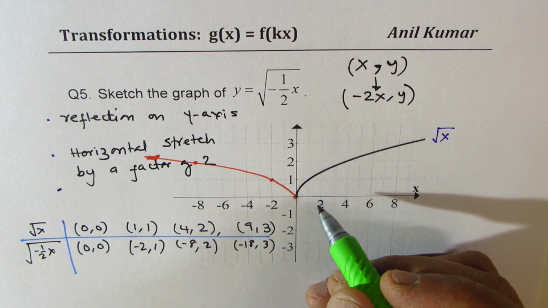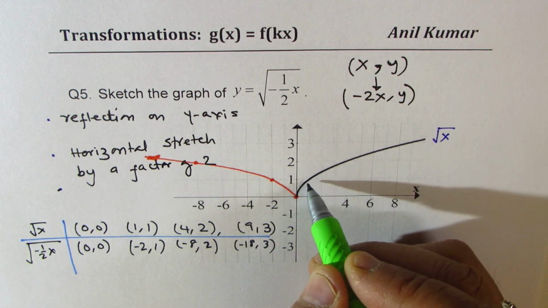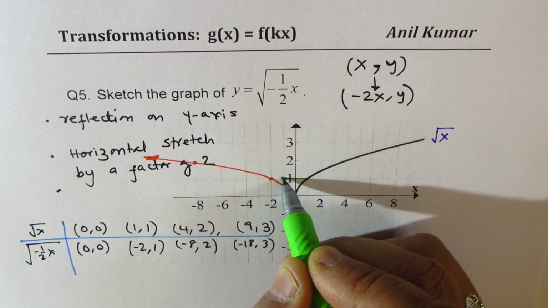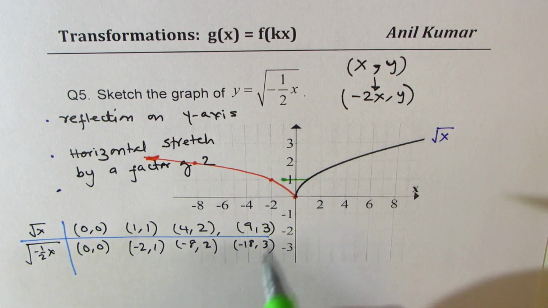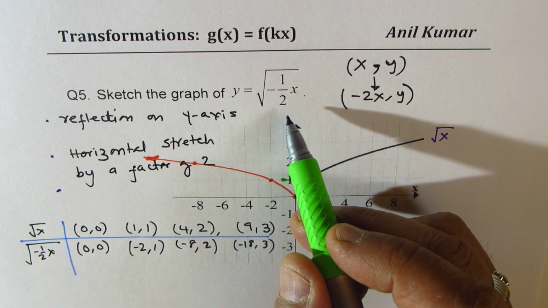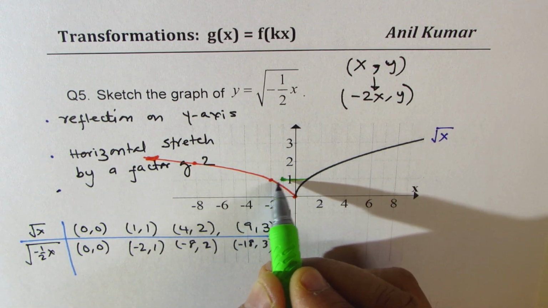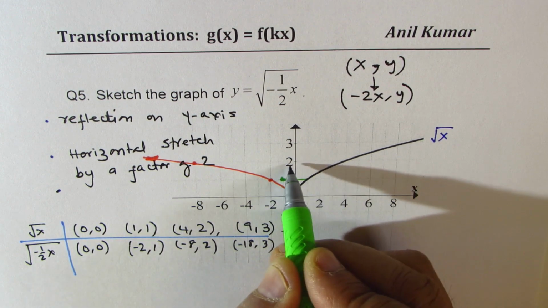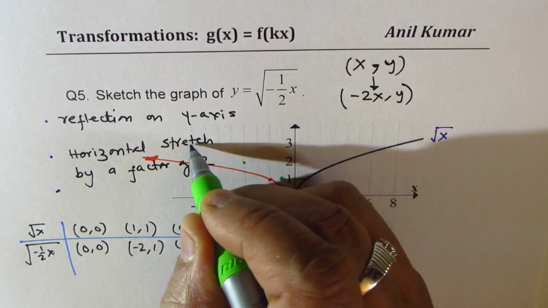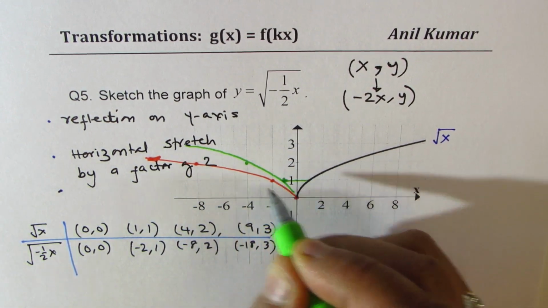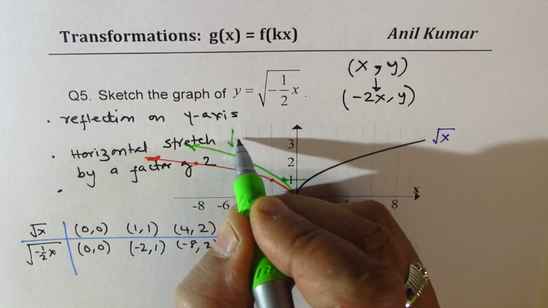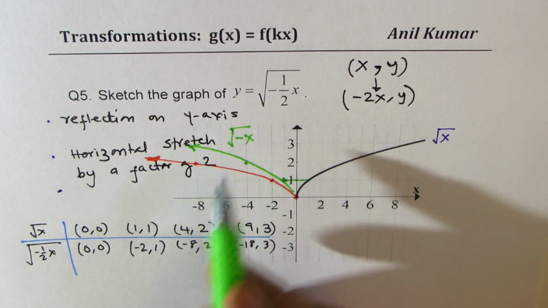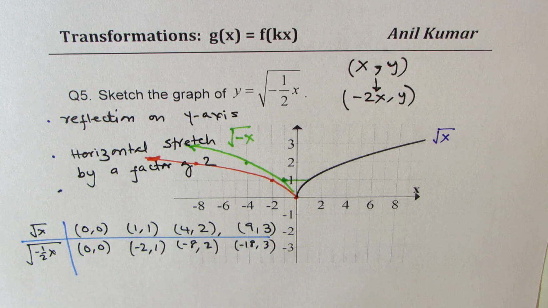So 2 steps would be, first is reflection, right? And then it is horizontally stretched. So this is at 1, it comes to that point, right? Similarly, first is reflection, 4 and 2 will give you minus 4 and 2. So the first is this graph, which is the graph of square root of minus x, and after that we stretch it.